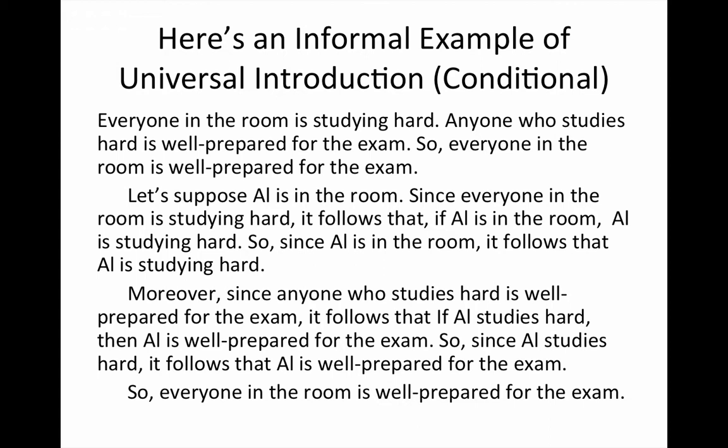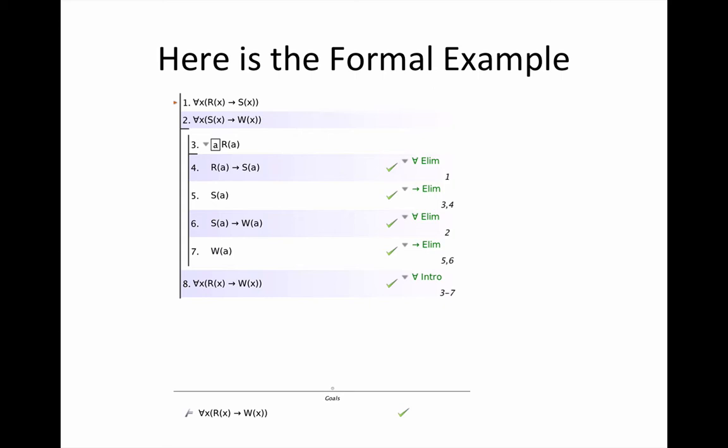Let's look at how this argument plays out in formal notation. So, you've got your first two premises. All R's are S's, all S's are W's, and your conclusion, therefore, all R's are W's. Line 3 inaugurates the subproof. More specifically, line 3 starts the universal conditional intro subproof.